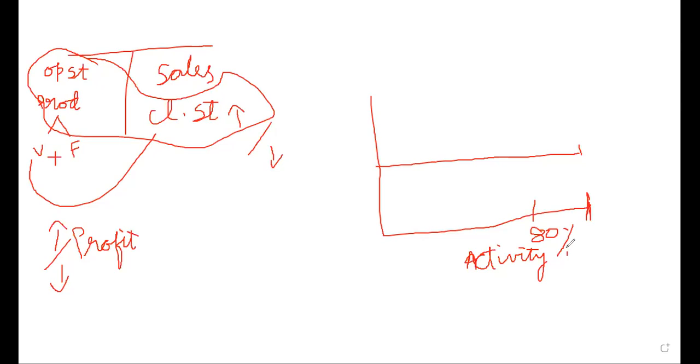Whatever initially was incurred is already absorbed or recovered at the 80% operational level. So since they are selling their products at 80% capacity, for these products, the total amount of fixed cost is also included, and that is recovered by the units which are sold.